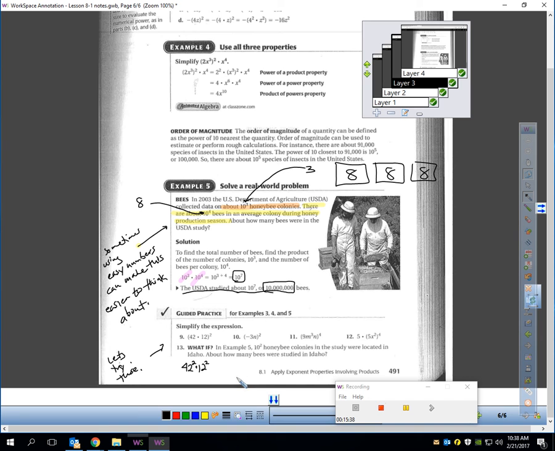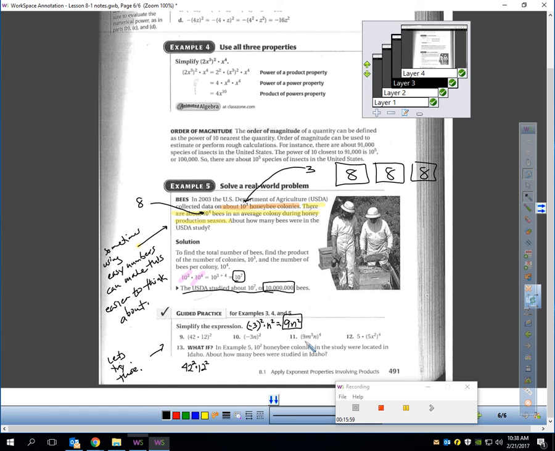I just simplified it. Number 10, I have the power of a product again. I have to take -3 and square it, and I have to take n and square it. I have to apply the second power to each factor. -3 squared is 9, and n squared is n squared. Number 10 would work out to 9n squared.